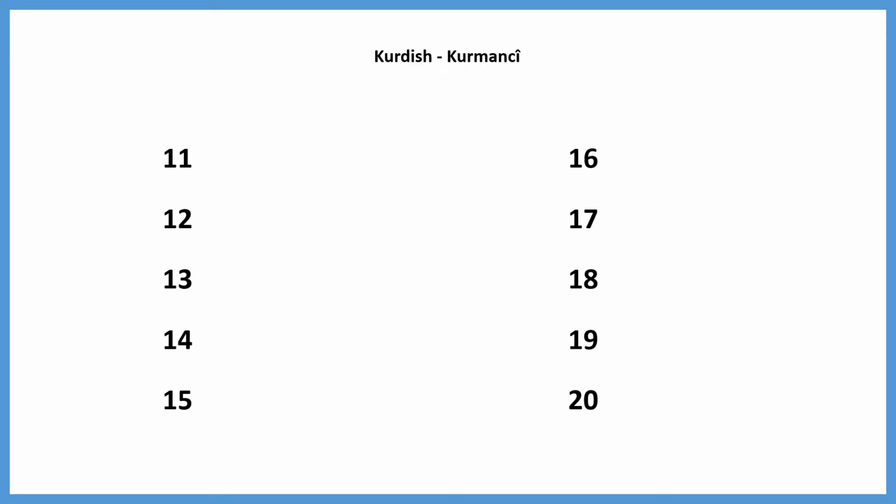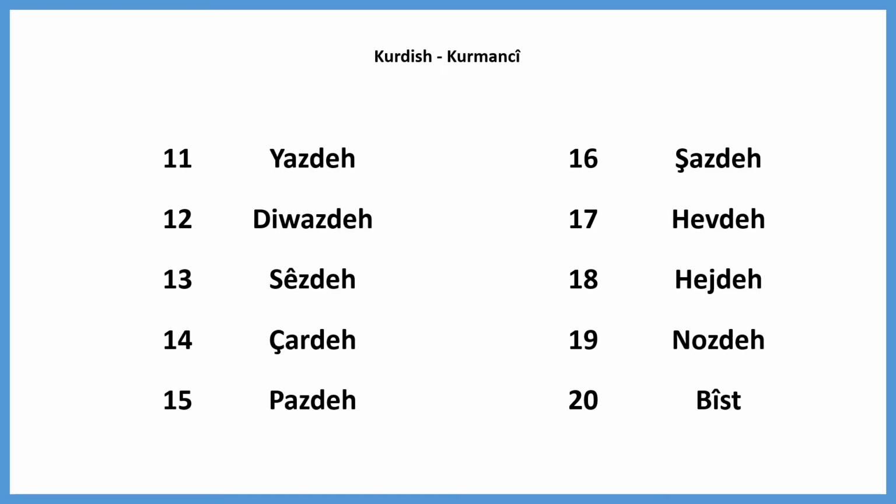You may pause the video here and see how many you can remember. Welcome back. The numbers from 11 to 20 are yazde, duazde, sezde, çarde, pazde, şazde, hevde, hejde, nozde, bîst.